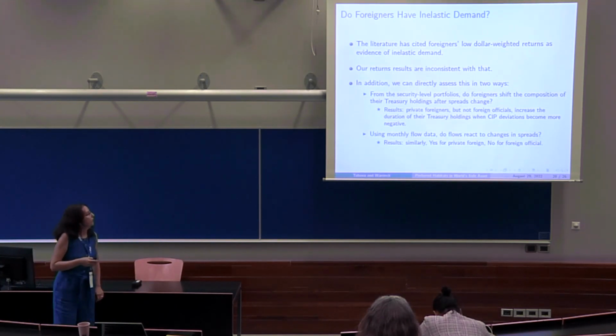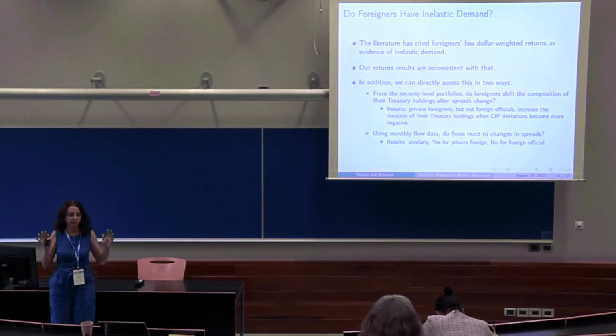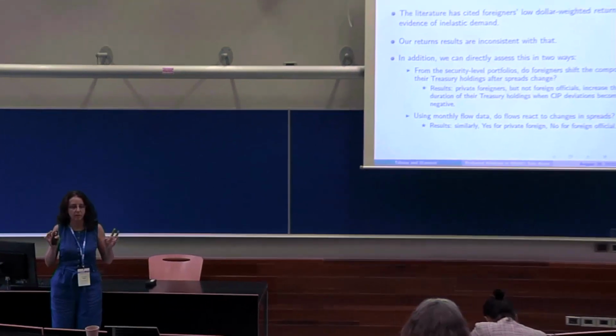Now, the last question. As I mentioned in the beginning, the literature so far looks at poor returns and poor timing for foreigners, and says, okay, it means that foreigners are inelastic. But from what I showed you, the first part of the argument is not true.